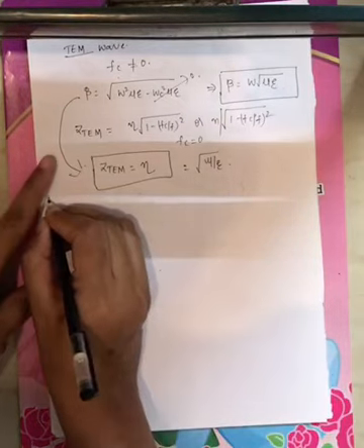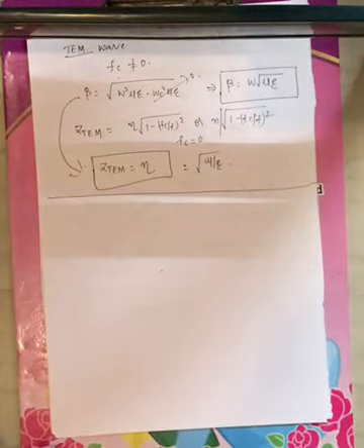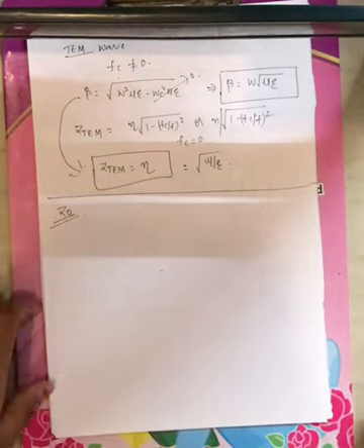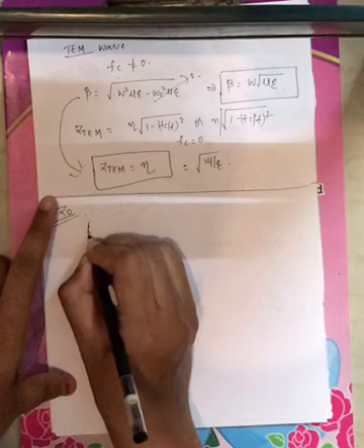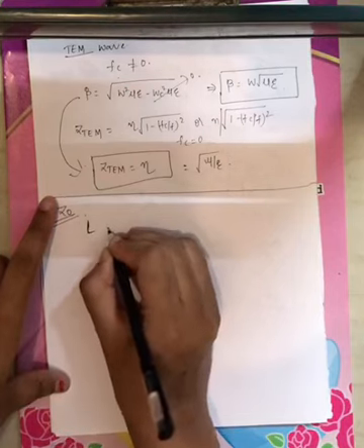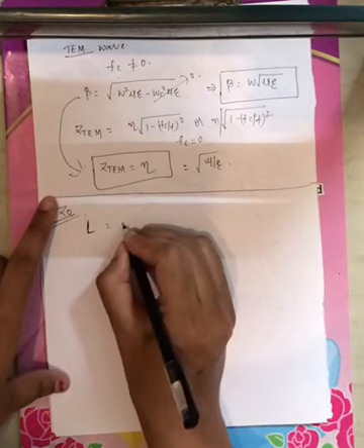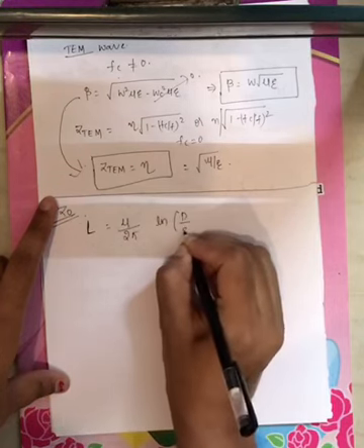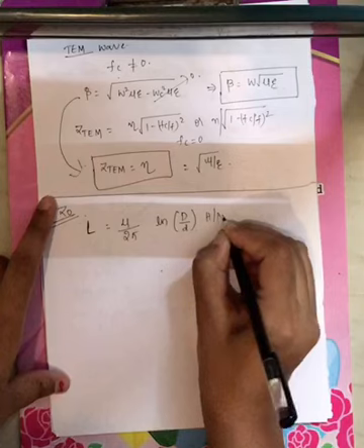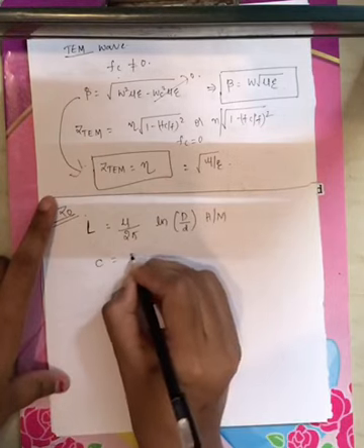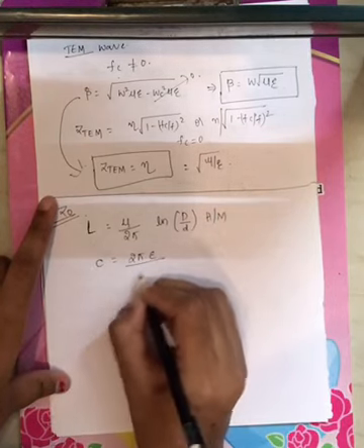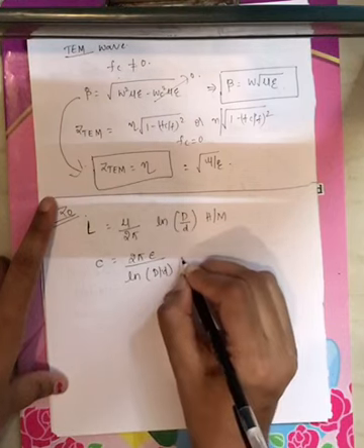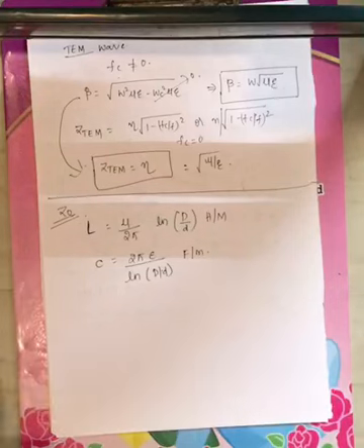Now we have to derive the characteristic impedance Z0 of the coaxial line. The inductance is denoted by L. The inductance of a coaxial cable is given by mu by 2 pi ln of D by d henry per meter, and the capacitance is given by 2 pi epsilon divided by ln of capital D by small d farad per meter, right?